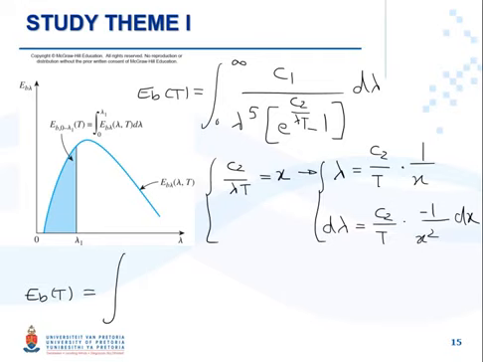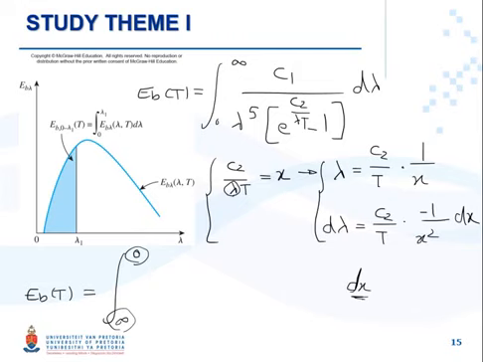Okay, so if we substitute this into the main integral, the limits change, because we said that lambda is between 0 and infinity. If we want to write it based on dx, when lambda is going toward 0, x is going toward infinity, and vice versa.